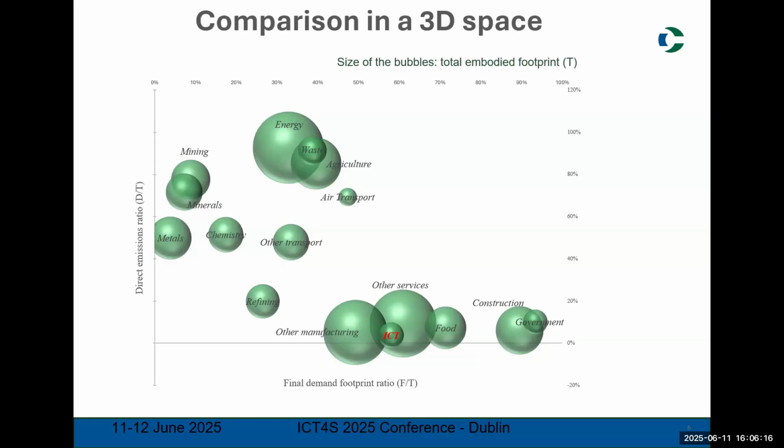And most importantly, on the y-axis, we can see that nearly all the emissions, the footprint of the ICT aggregate, stem from the upstream value chain. So 95% of the total embodied footprint of ICT is indirect, and only the remaining 5 percent are direct emissions.